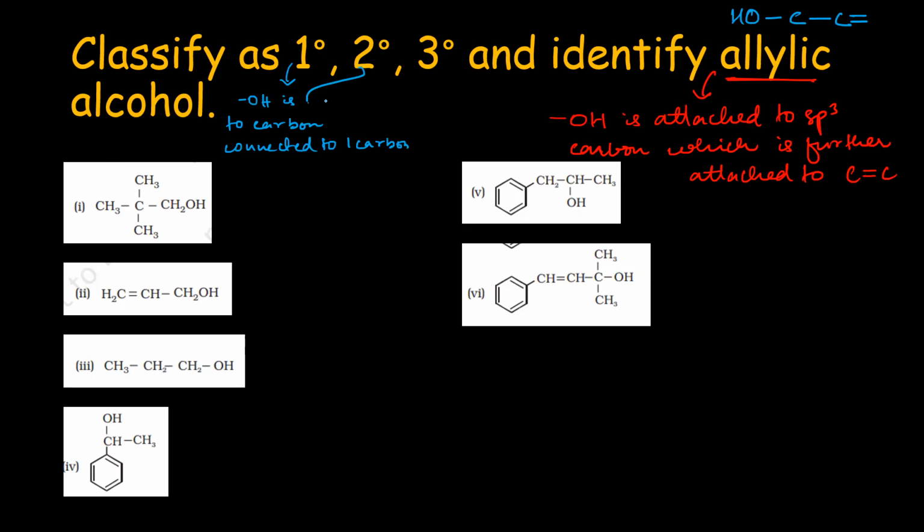In 2 degree everything is the same, but this carbon is attached to 2 carbons. In 3 degree, the carbon is attached to 3 carbons. For 3 alkyl groups, you can also write 2 alkyl groups for 2 degree and 1 alkyl group for 1 degree. Write the questions down and send the answers in chat.